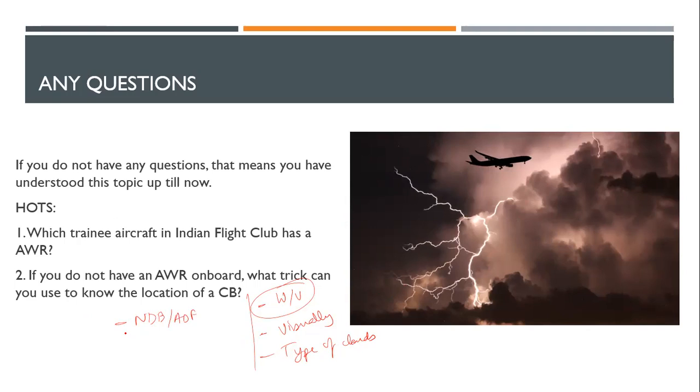Now, if you have an ADF on board, that is your RBI, what will happen if there is some static interference is that your needle will start to fluctuate and give you wrong readings. If everything is going correctly in flight, there can be only two reasons why this is happening. One, that something is wrong with the aircraft instrument. Otherwise, if you see some small lightning and you have fluctuation, you need to understand that you have to turn around and go back. This is not the time to fly. This is a trick people used to use till we did not have AWR. I learned that in my flying club, so I'm just telling you.